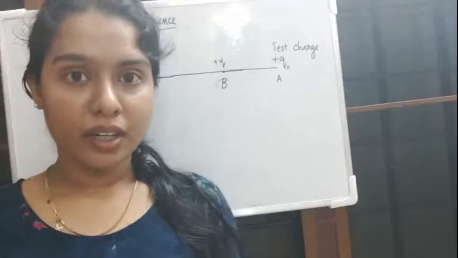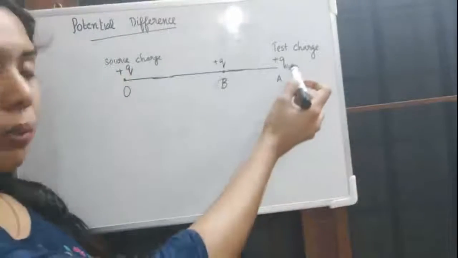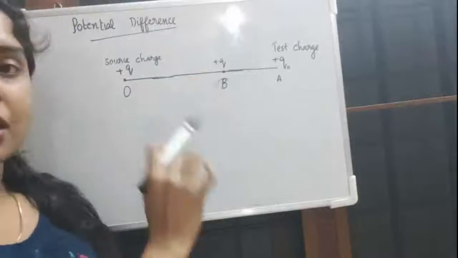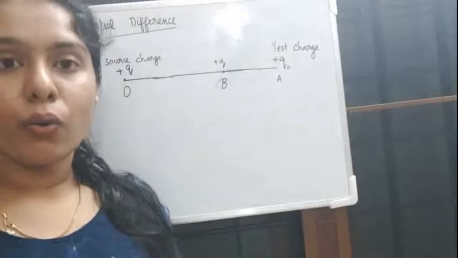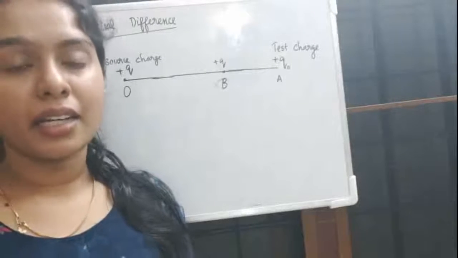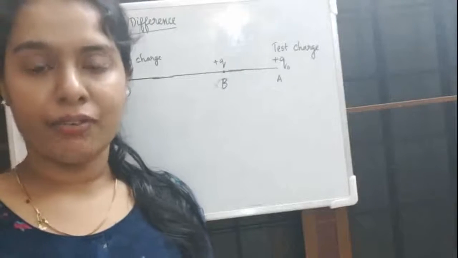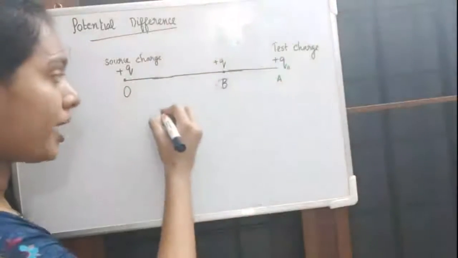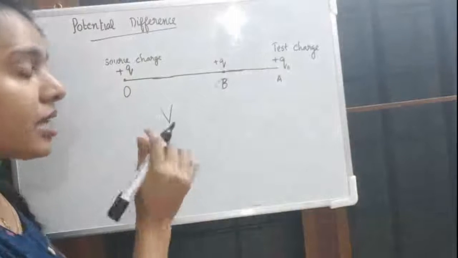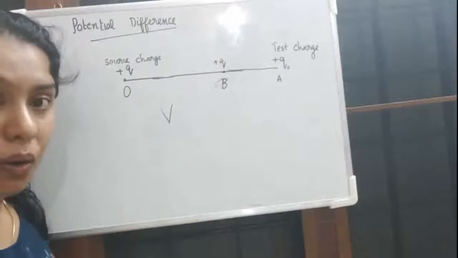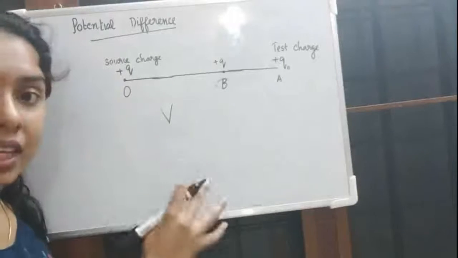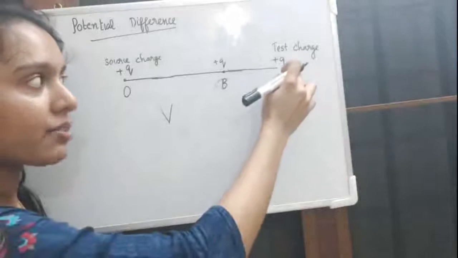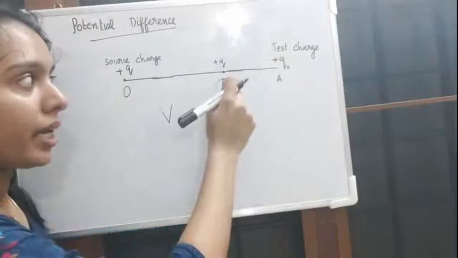And this work done in moving a unit positive charge from one point to another point against the electrostatic force is defined as the electric potential or potential difference. And the potential difference is denoted by V. As we defined, potential difference is nothing but the amount of work done in moving a unit positive charge from one point to another point.